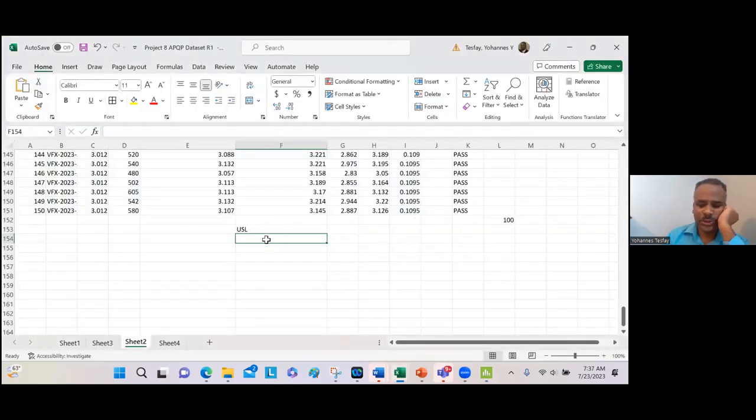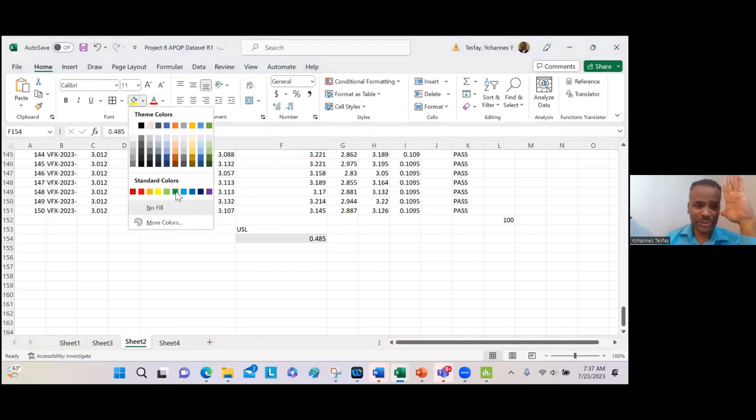So it should be 0.485 like that. Lower specification limit እንዳለ ይሆናል ማለት ነው። We don't have any information about the lower specification limit, but like the upper specification limit should be this one.